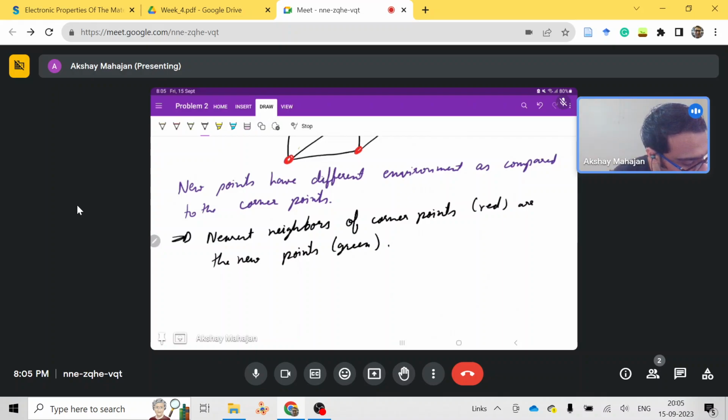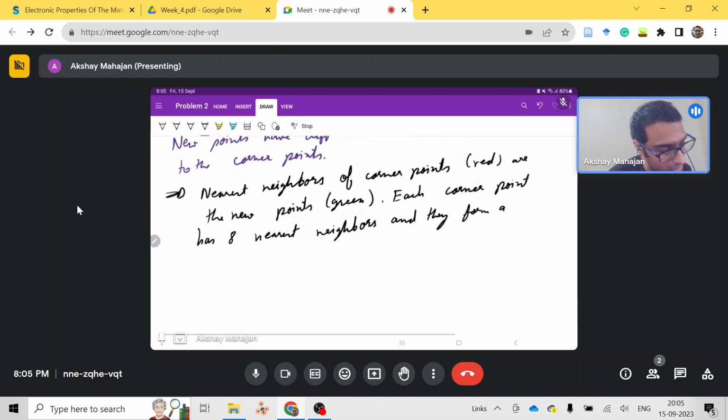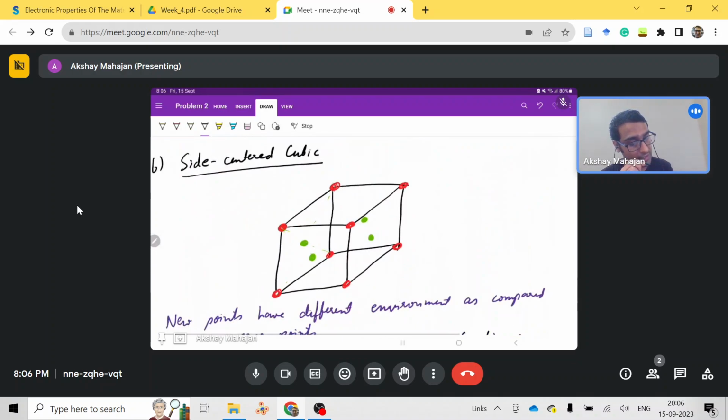Now each corner point has 8 nearest neighbors, and they form a tetragonal block. So for each corner point there will be 8 nearest neighbor green points.